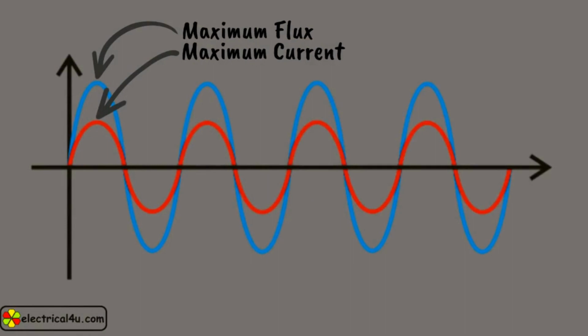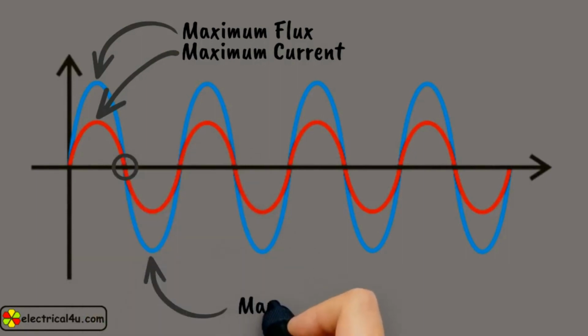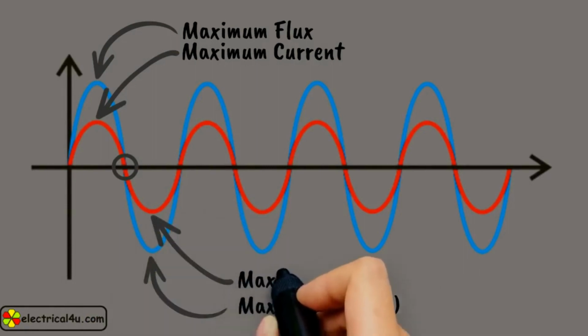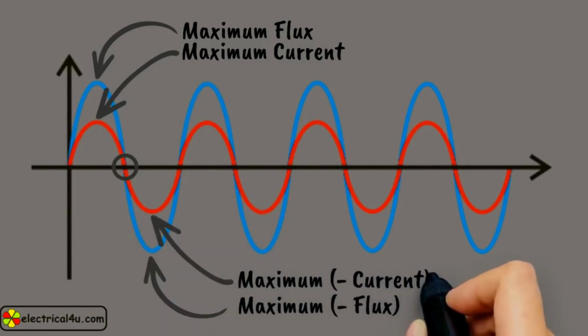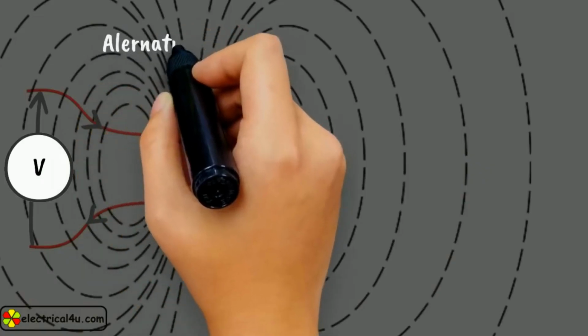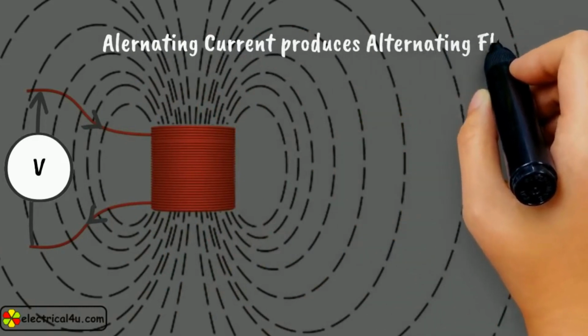The flux becomes zero when current in the coil crosses the zero axis. Again, for the next half cycle, the flux becomes maximum but in opposite direction when current reaches its reverse maxima. In this way, alternating current produces continually varying flux surrounding the winding.